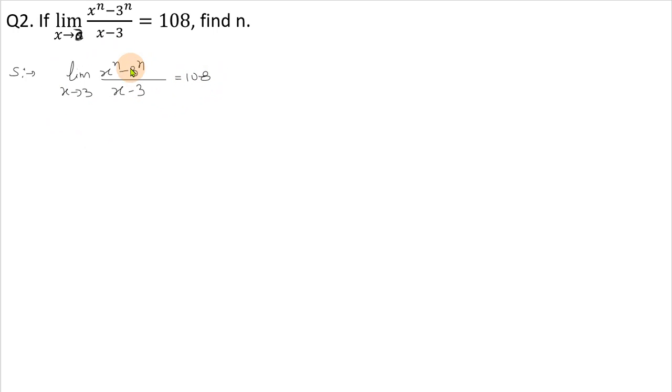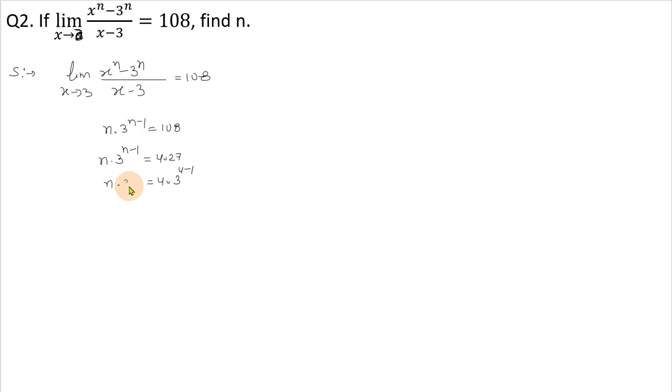So applying the formula, we have n into 3^(n minus 1) equal to 108 on the right hand side. So breaking up 108, I can write 4 into 27, and 27 is 3 cube, and the cube is written as 4 minus 1.